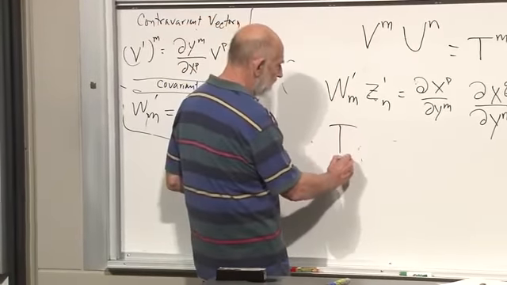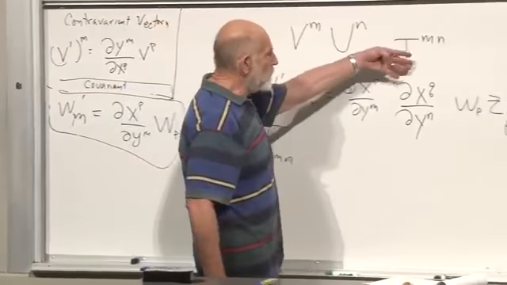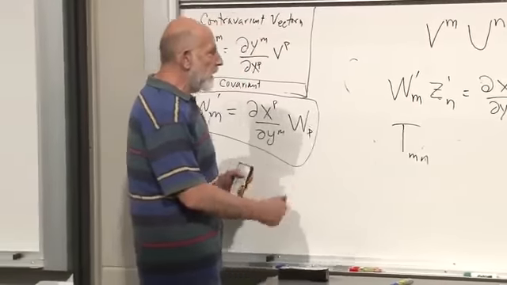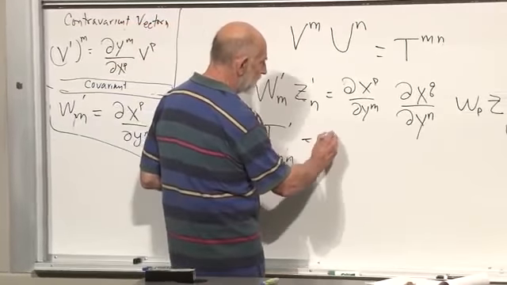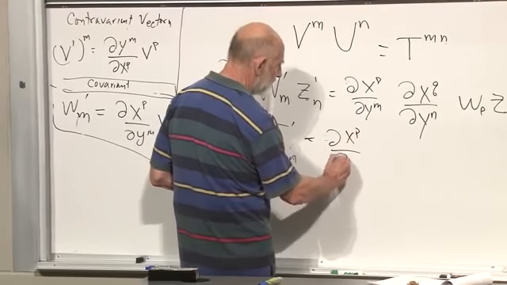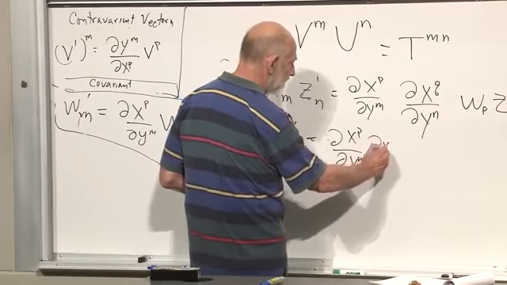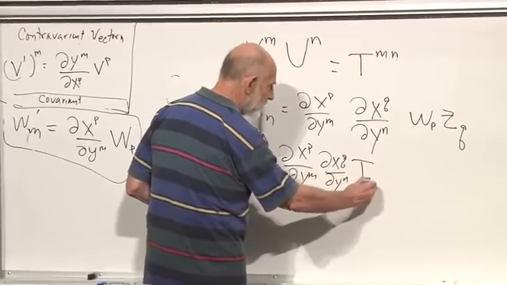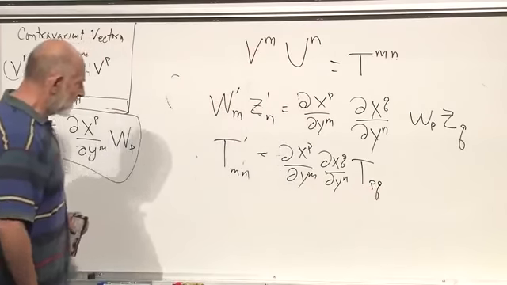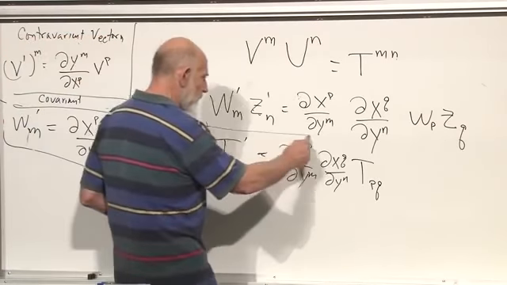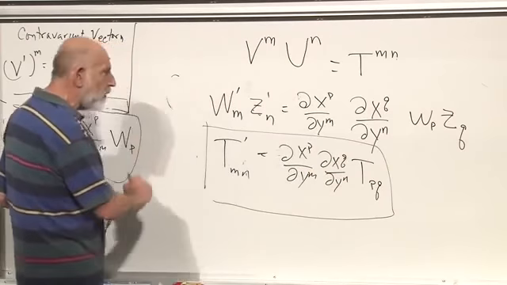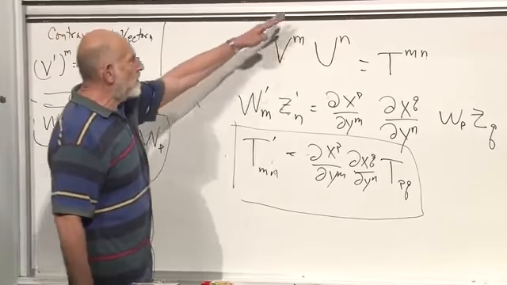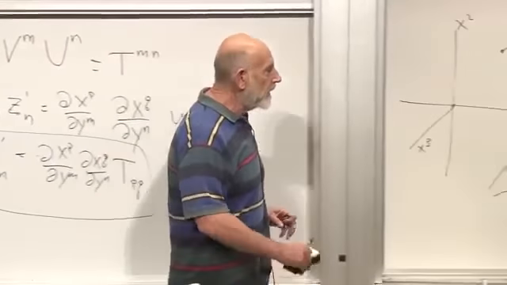Let's call it T_{MN}. It's a different object, just using T for tensor. Tensor with two lower indices. It transforms this way. So this is the transformation property of a thing with two covariant indices. I'll leave it to you to guess what the transformation might be if there's one upper and one lower. We're not going to use it tonight.